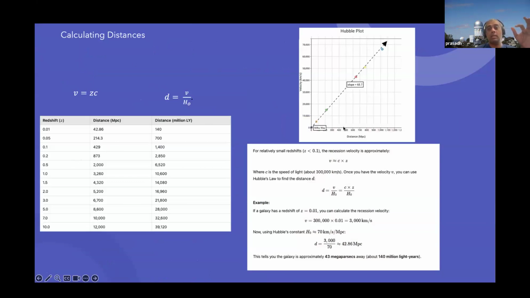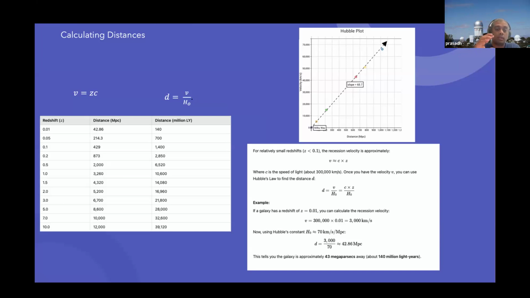For example, this is one of the plots that I made myself for some of the data. On the x-axis, you have the distances. And by the way, this is using the latest data that we have right now, not 100 years ago, because 100 years ago, you only knew how to measure the distances to nearby galaxies.